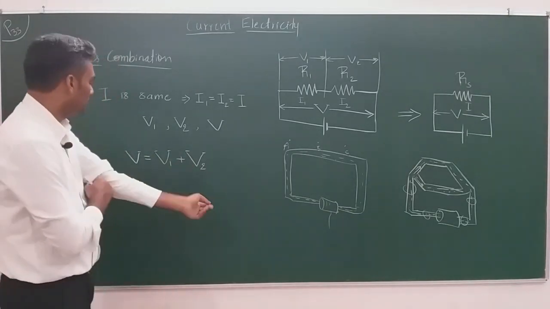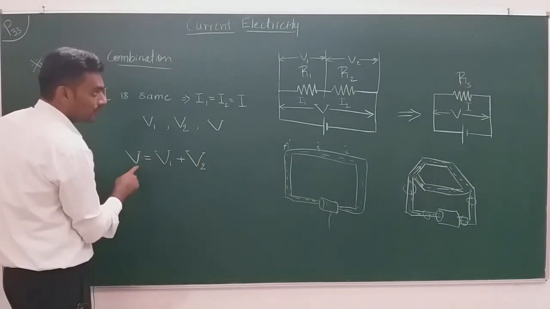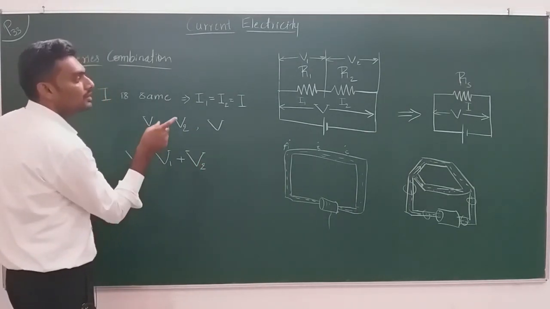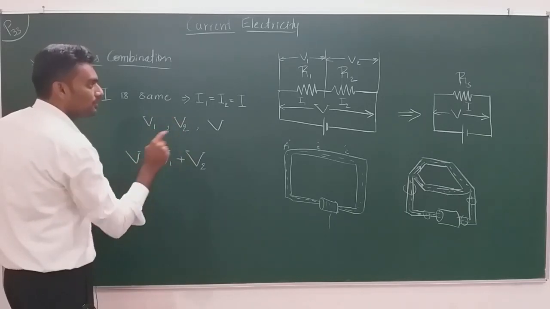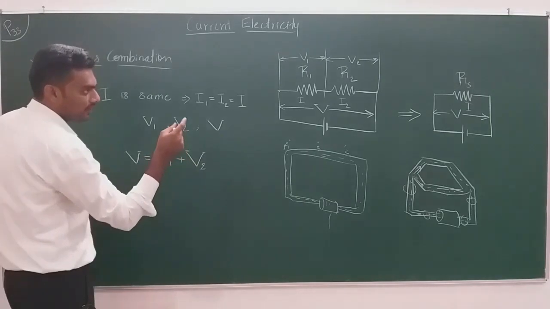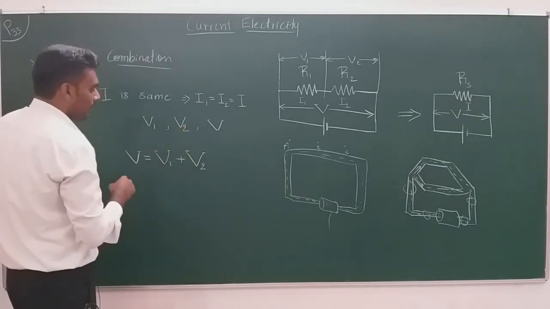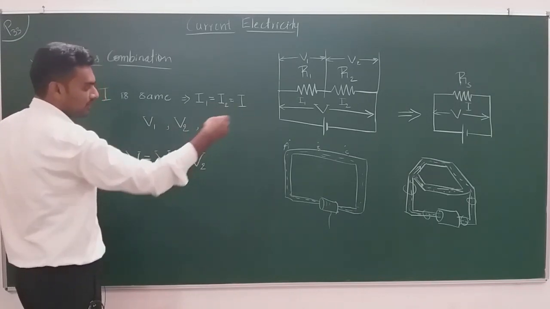Now you see the total potential difference is V volt. V1 volt is the potential difference across the resistor R1. V2 volt is the potential difference across resistance R2, and V is the effective or the complete potential difference.